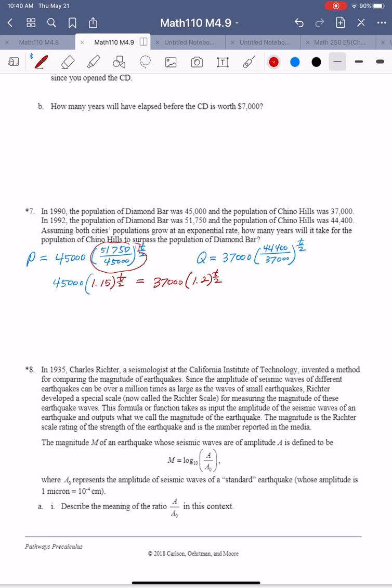Okay. And now we're just solving for t this time, okay? So what I need to do is divide, either way is fine, but I divide by 37,000 on both sides. And then I divide by 1.15 to the t over 2 on both sides.